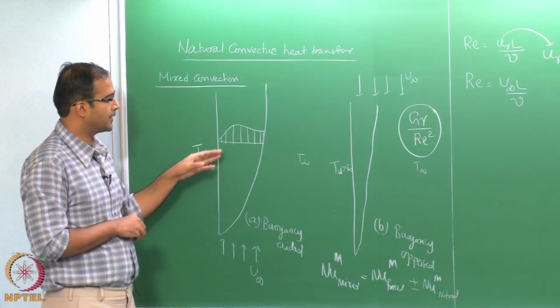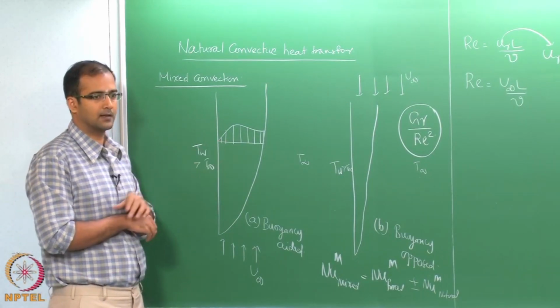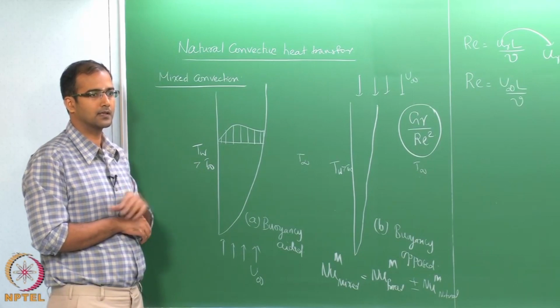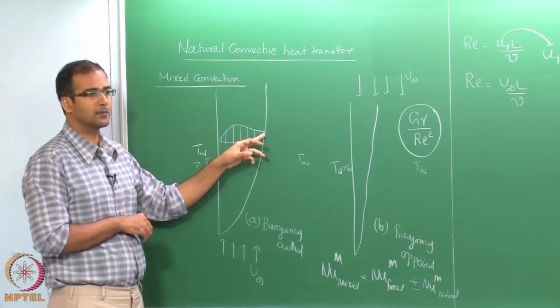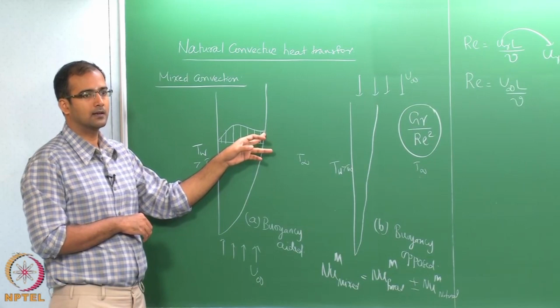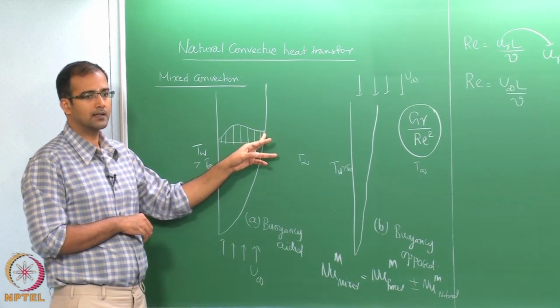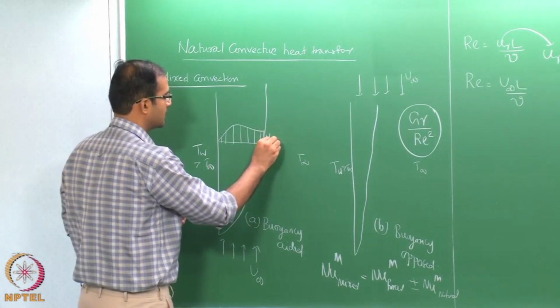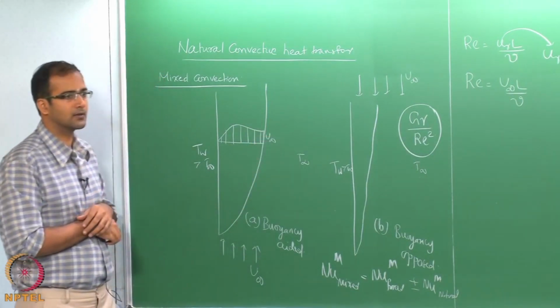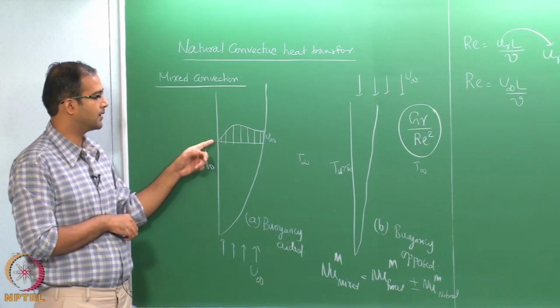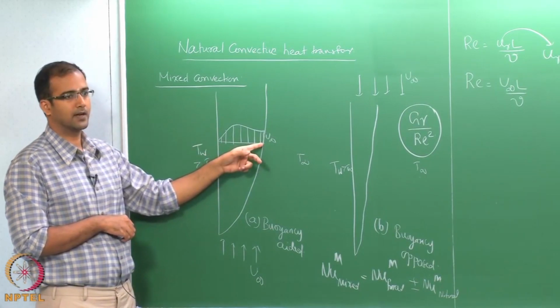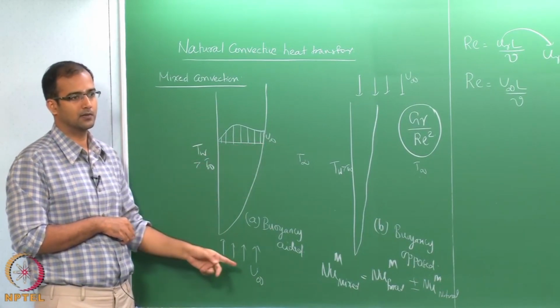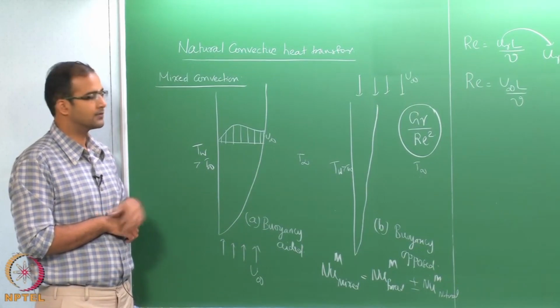Depending on this, if you draw the velocity profile, unlike the pure natural convection case, you will have a finite value of velocity at the edge of the boundary layer, and this should approach your u infinity, right. So, you do not actually have a minimum at this point, it will be a finite value depending on what the u infinity is, and this will vary.